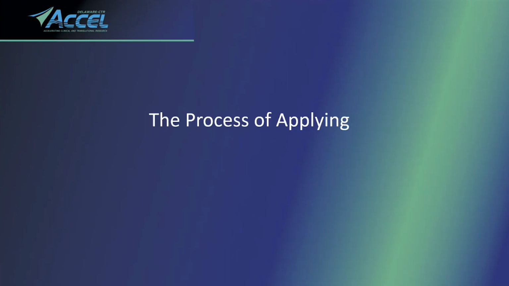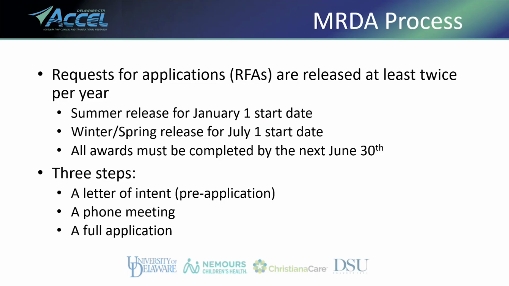So now let's turn to the process of applying. So requests for MRDA applications are released at least twice per year. The typical cycle is that the RFA comes out sometime early in the summer, and that release for applications targets application start dates of January 1st.